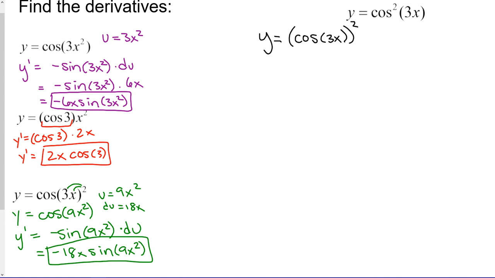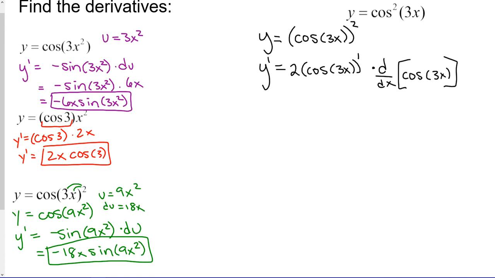Now, in this case, we're going to have two chain rules. So if I use my y prime, I'm going to bring this 2 down. I have 2 times cosine of 3x. The power would be 1 because you subtract 1. But now I have to multiply by the derivative of cosine of 3x.